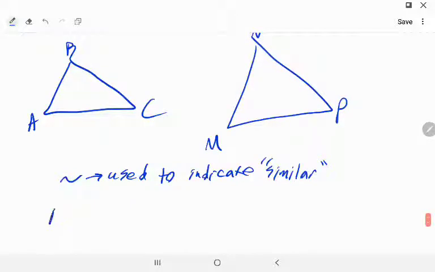If we're told triangle ABC is similar to triangle PMN, we notice that we can't just treat it as AB corresponds to MN. We have to look at the correct order.